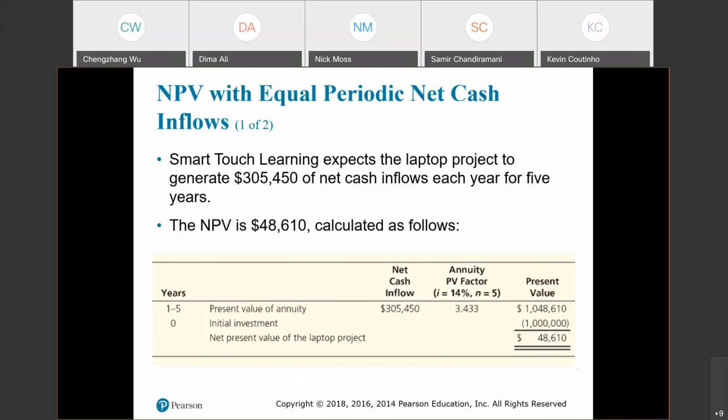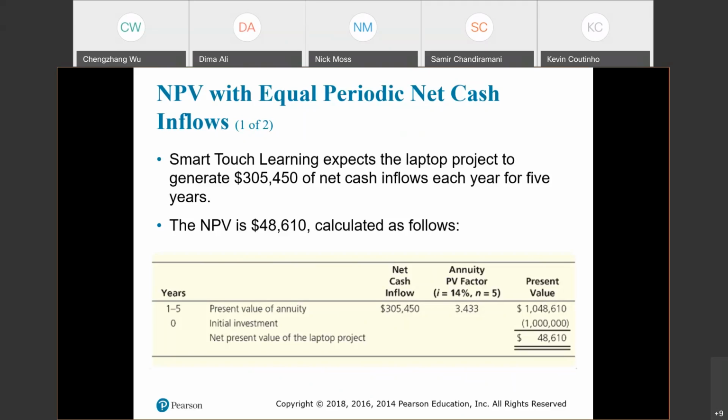All right, first of all, let's see a case of NPV calculation with equal periodic net cash inflows. That is actually the laptop project. That project is expected to generate $305,450 of net cash inflows each year for 5 years.